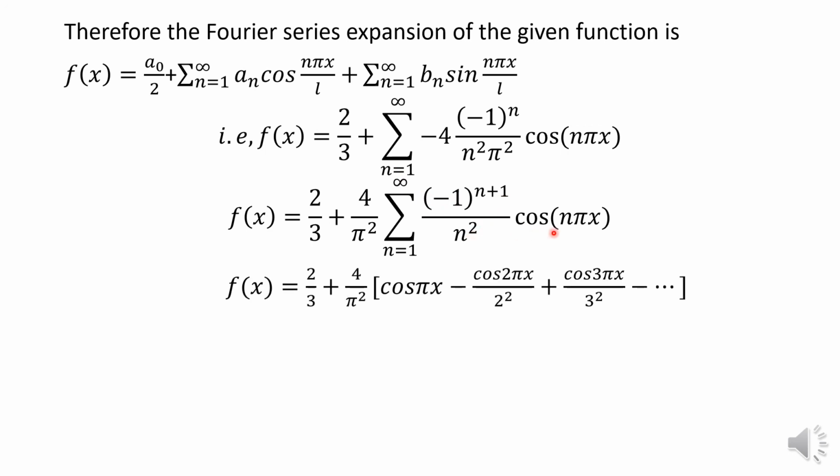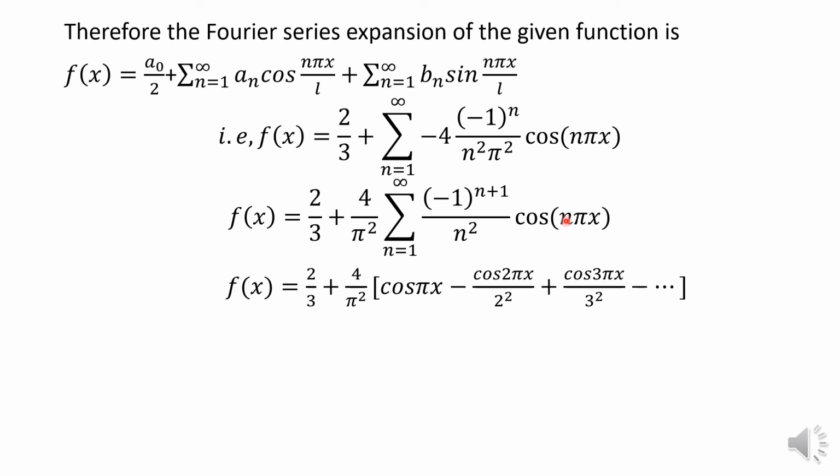So now you go on putting n is equal to 1, 2, 3, etc. So we get 2 by 3 plus 4 by pi square. When n is equal to 1 here, we get minus 1 square and it is positive. So positive divided by 1 square is 1. So cos 1 pi x, that is cos pi x. This is the first term we get. When n is equal to 2, we get minus 1 power 3, which is minus 1, divided by 2 square into cos 2 pi x.